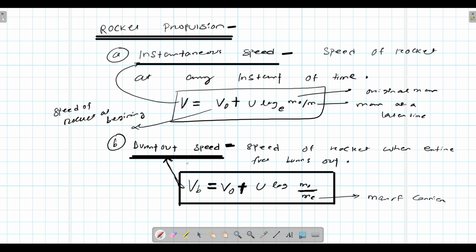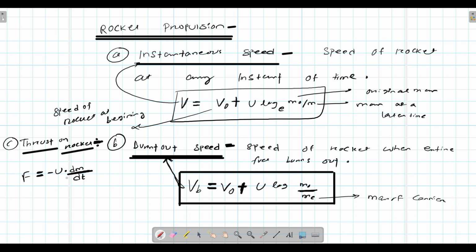So instantaneous speed, burnt out speed. Next is thrust on rocket. Thrust on rocket says that F equals minus u into dm by dt.